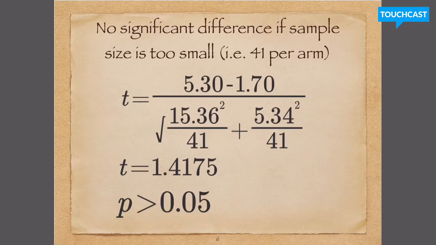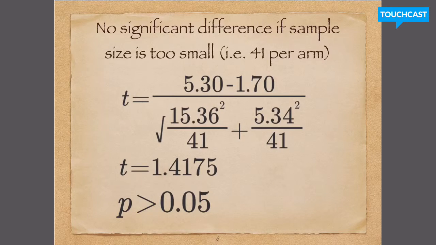Based on the sample size of 41 per arm, when you put 41 in as the sample size, as you can see inside the slide, when you calculate the t-value, it ends up as 1.4175. Usually you need a t-value larger than 1.96 for your p-value to be significant. So here the p-value is not significant, it is larger than 0.05.